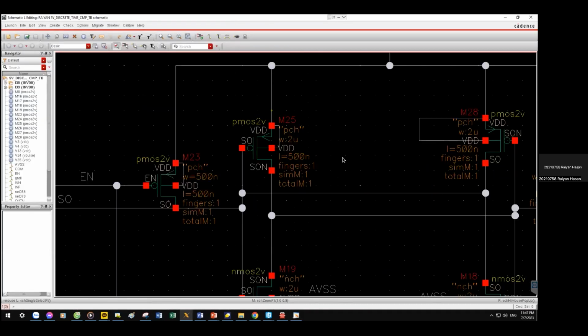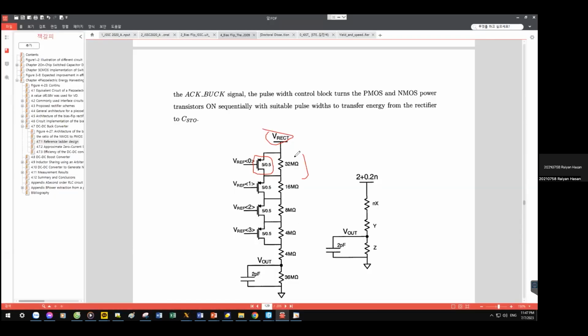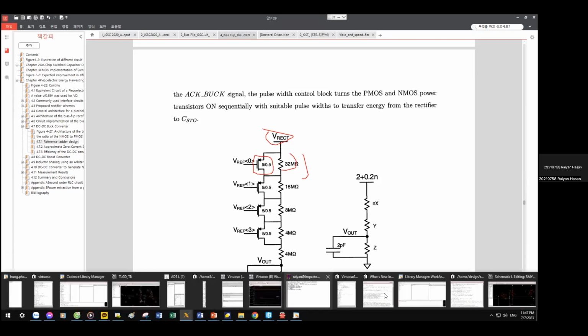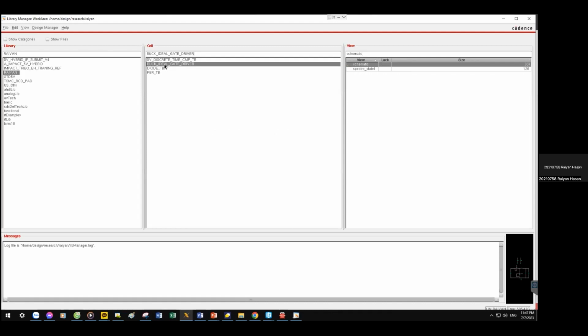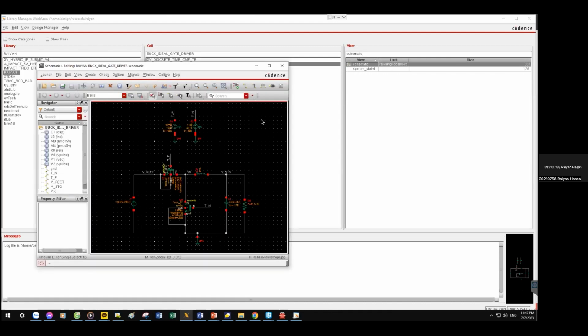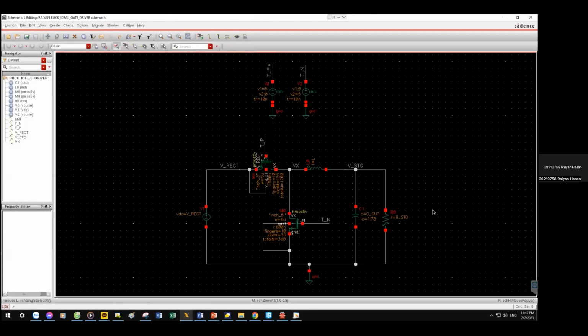So you can use this PMOS, 2 volt. Register is here. So you can use this register.